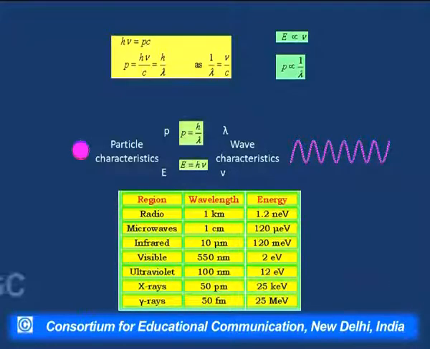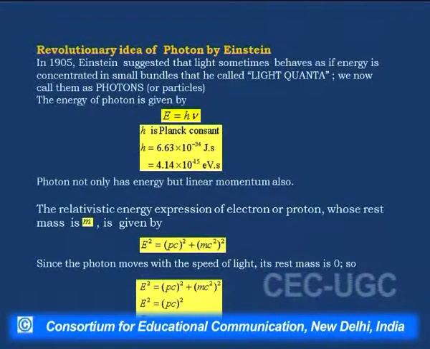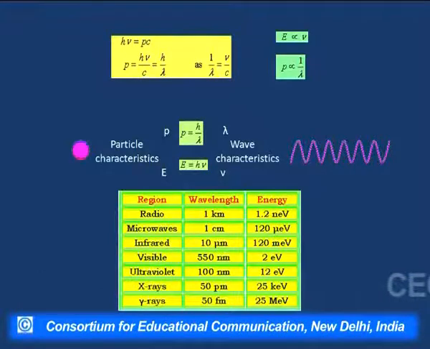So from the previous expression, E is equal to h nu, and from here P is h over lambda. Now, E is proportional to nu and P is proportional to 1 by lambda, or inversely proportional to lambda.